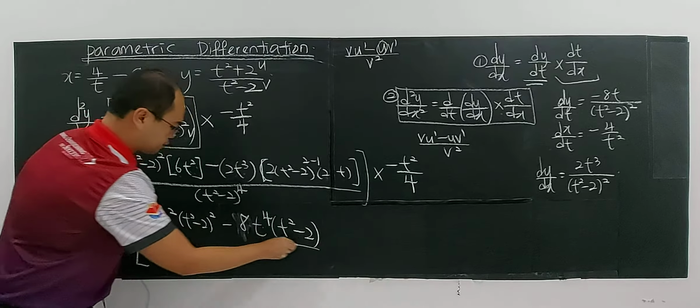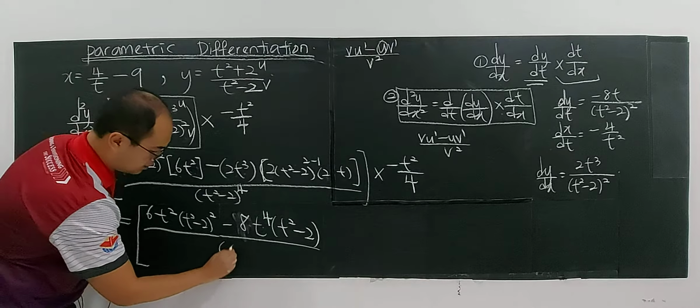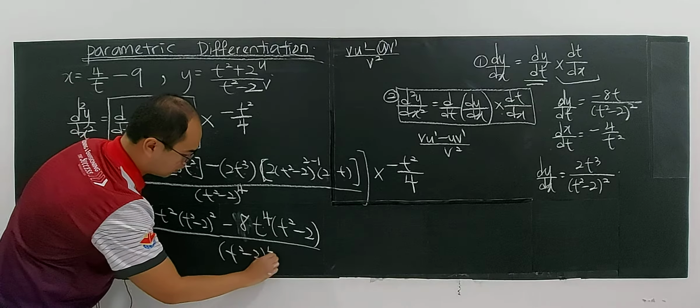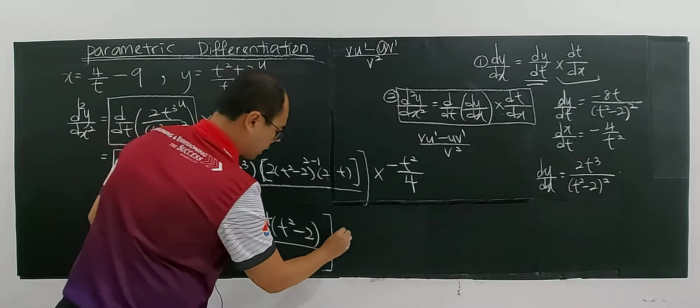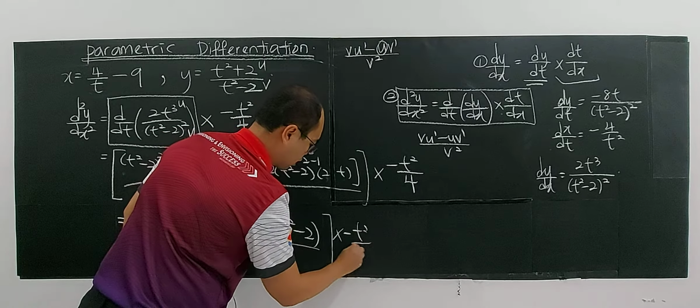Everything divided by t square minus 2 to the power 4. All inside here, then I multiply with negative t square over 4.